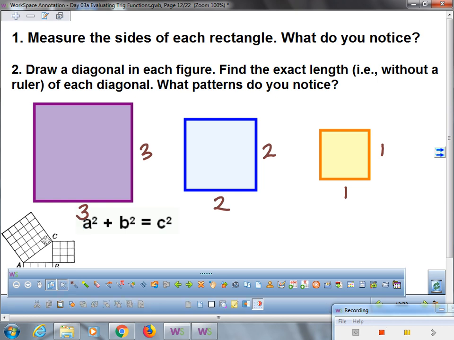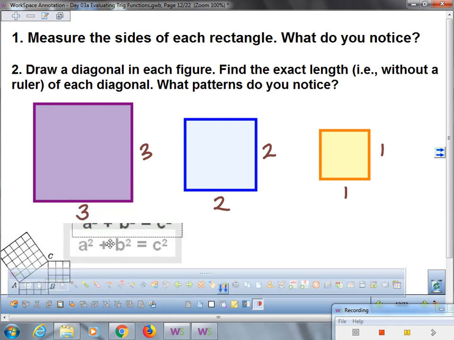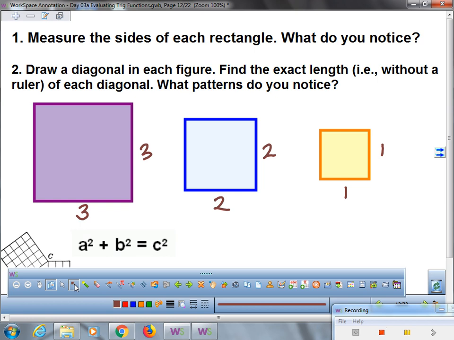Okay, again, I'm going to use a triangle, in case nobody has told you before, is half of a square. Right? Hopefully we've all seen that before.